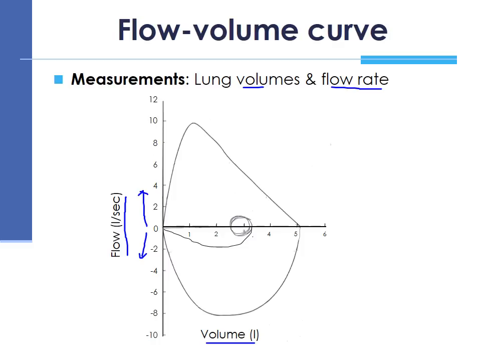One part of the graph represents exhalation and one part represents inhalation, meaning that the flow of air is taking place in two different directions, and therefore we have positive and negative flow rate in liters per second. However, when you answer a question asking the flow rate, you never add the negative sign.